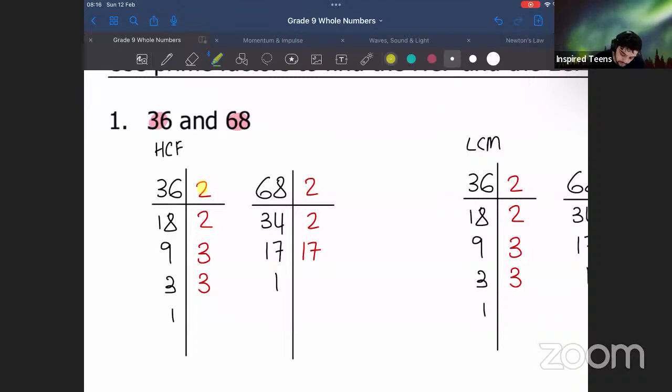So for example, if I look at my first prime factor of 36, it's a 2, and I notice that there is a 2 on the other side as well. Okay, so that's common. That's what we mean when we say common, right? Then I notice that there's another 2 and another 2 that's common. Okay, but as soon as I go to the 3, there's no 3 this side, so that's not common.